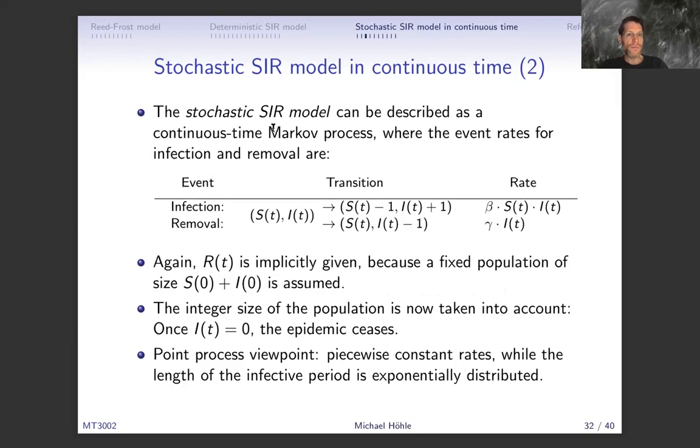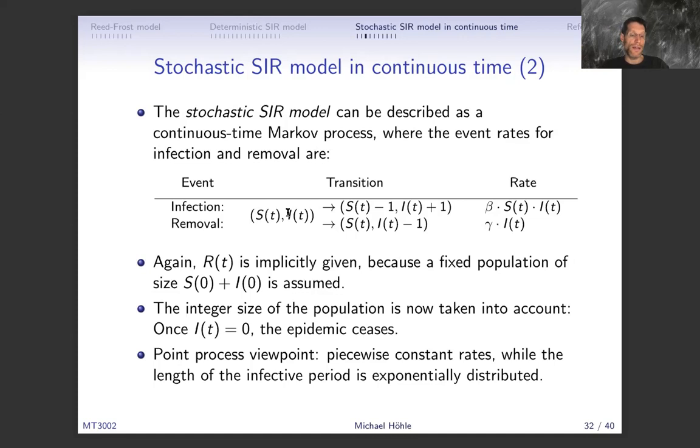Again, we divide the population into susceptible, infectious, and recovered, and look at a continuous time description, but the state we are looking at, namely the number of susceptible and the number of infected or infective persons, are going to be integer numbers. So the number of susceptible can be 0, 1, 2, 3, 4, and so on. And also the number of infectious can be 0, 1, 2, 3, 4.